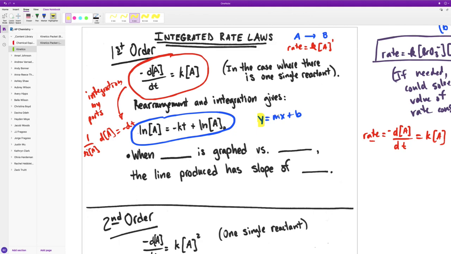Your variable is y, and that's your dependent variable. Your independent variable is x. So those are your variables, right? And there's also a couple constants in there. The m and the b, these are constants.